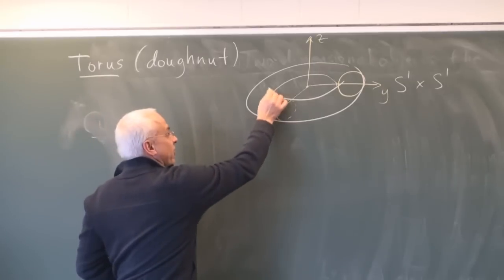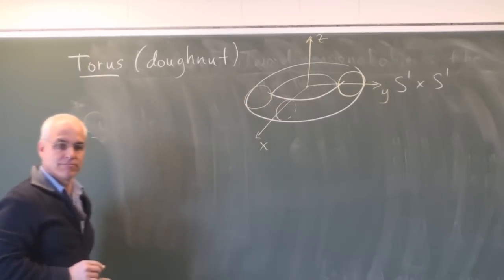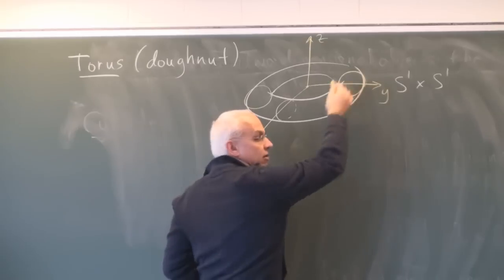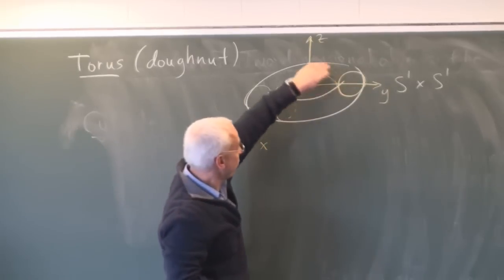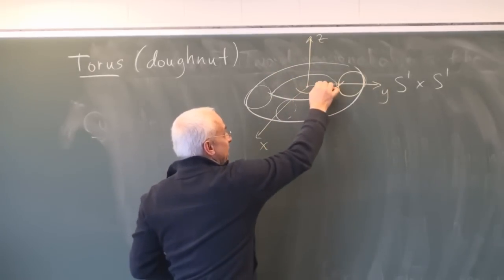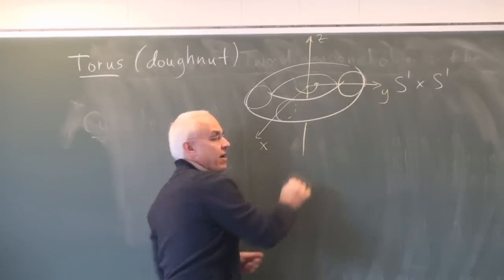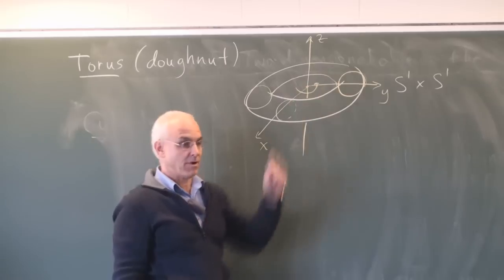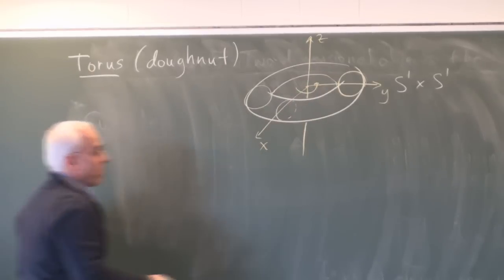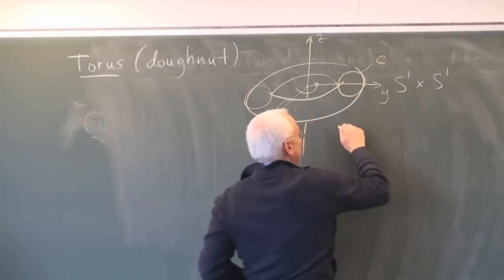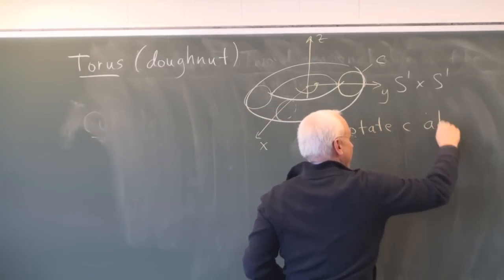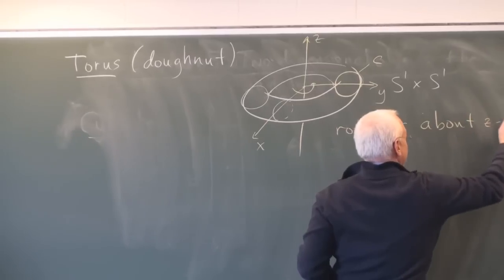In fact, there'd be another circle on this side as well. So that's one natural parameter. There's a natural parameter along this circle. And then the whole torus can be thought of as sweeping or rotating this circle around the z-axis. So it's obtained by, here's the circle C, rotate C about the z-axis.